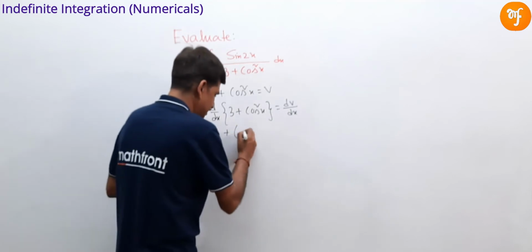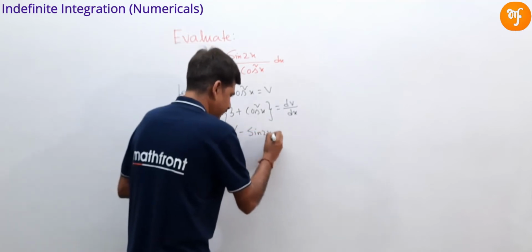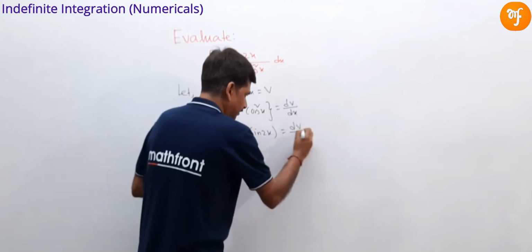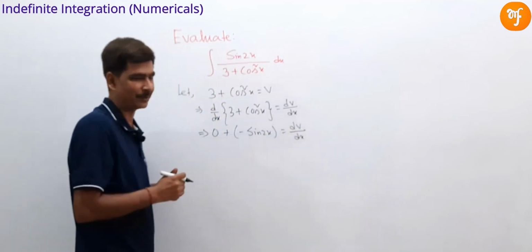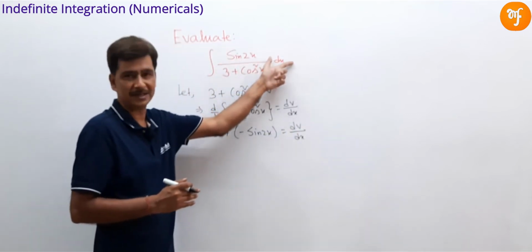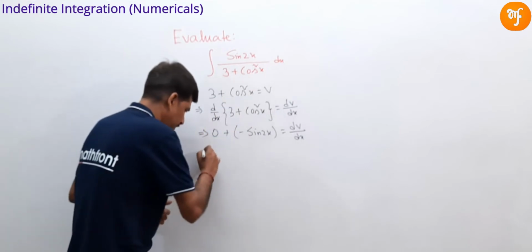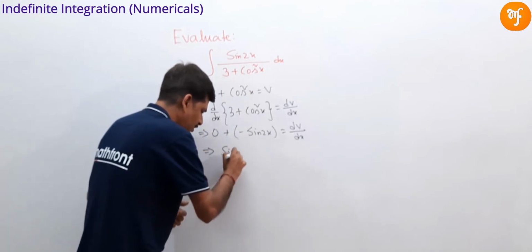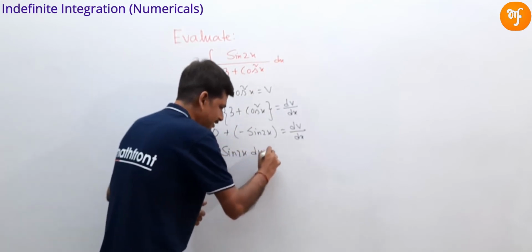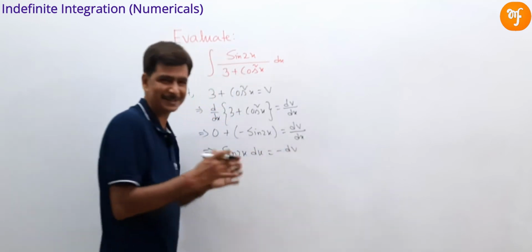So we are writing this as minus of sin of 2x is equal to dv by dx. Now as sin 2x into dx is present at the numerator, that is why we are writing sin of 2x into dx is equal to minus dv.